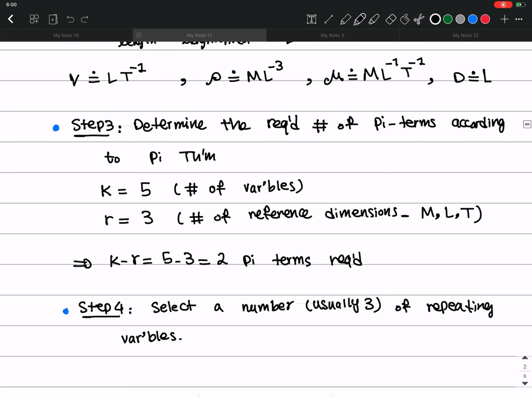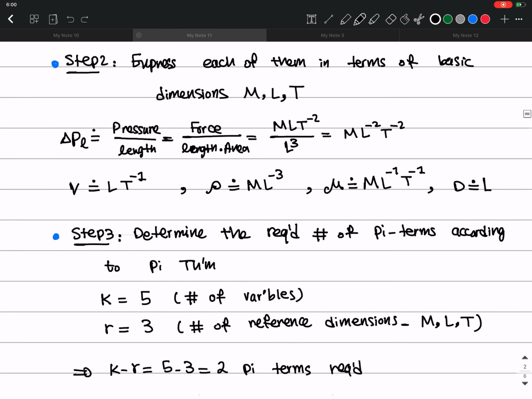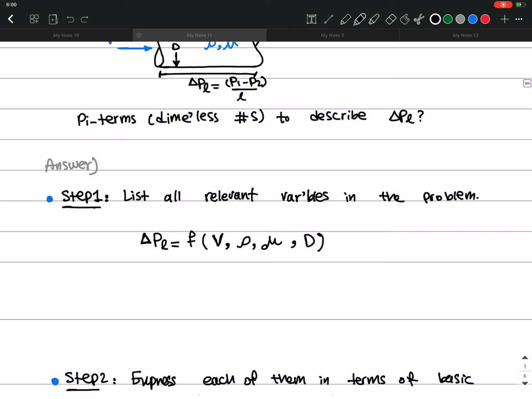So we usually don't select delta PL, because it is the dependent variable, right? We want to find the dependency of delta PL on all these variables. So we usually use three of the others as the repeating variables.